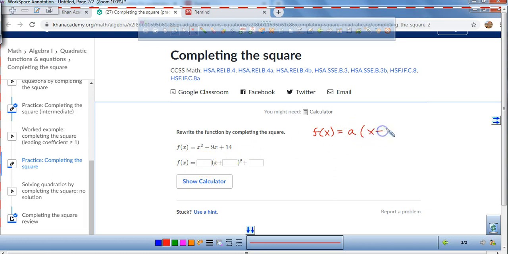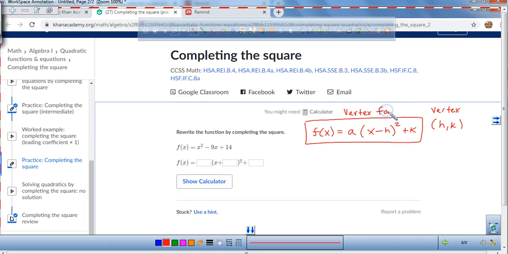We'll do x minus h, close parentheses squared, plus k. So, in vertex form, the vertex is always the h and the k value. All right, the h value represents the x value of the vertex, the k value represents the y value of the vertex.